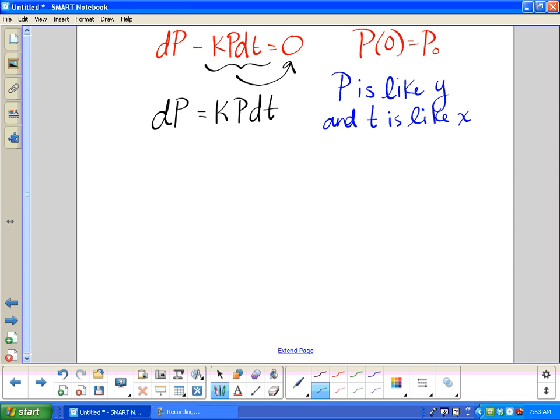I could divide the k along with the P, but I'm probably going to leave it over there with the dt. You get the same answer both ways. It really doesn't matter. So if I move my P over here, I get dP over P is equal to k dt. k is a constant.